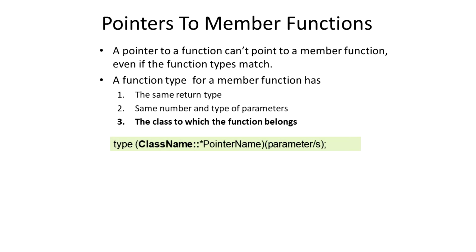Because of course, remember, we can have functions of the same signature within different classes. So we have to be specific and refer to which class that we want to point towards. And those functions, whilst of the same signature, are technically stored in unique locations in the memory. So functions of the same signature will have different memory addresses.